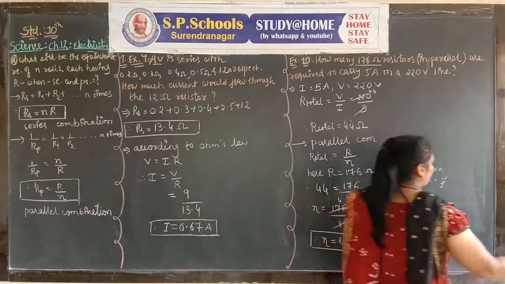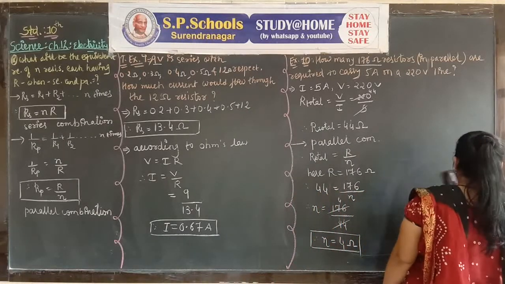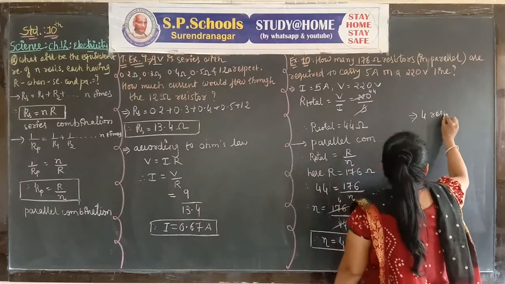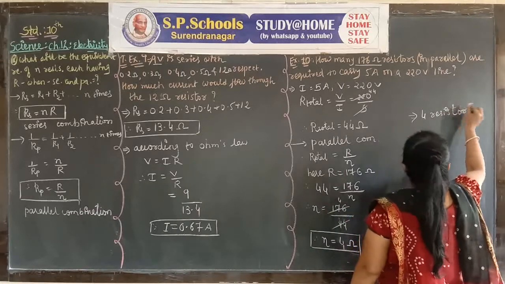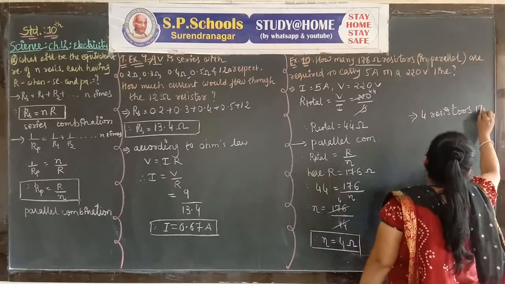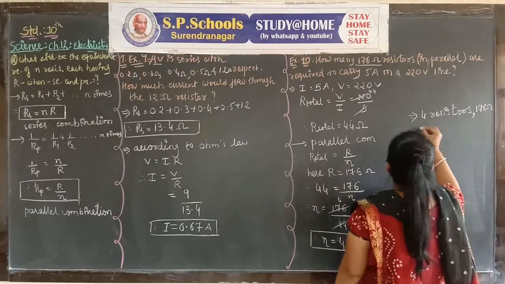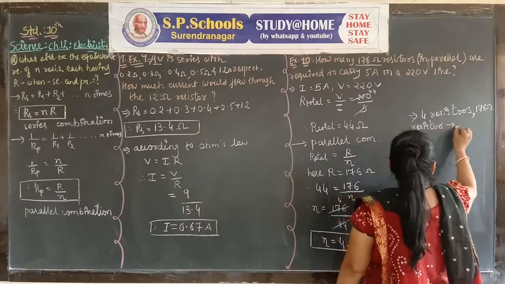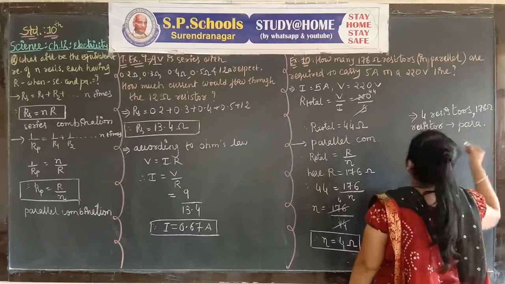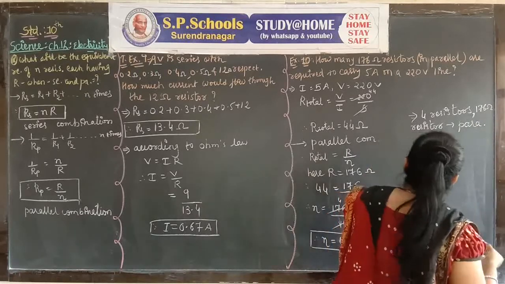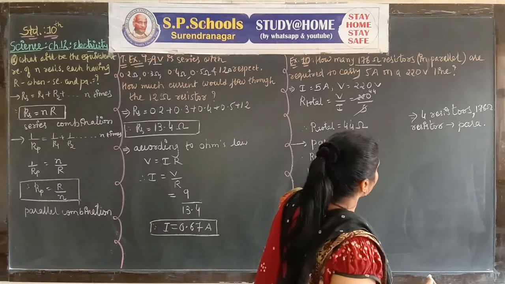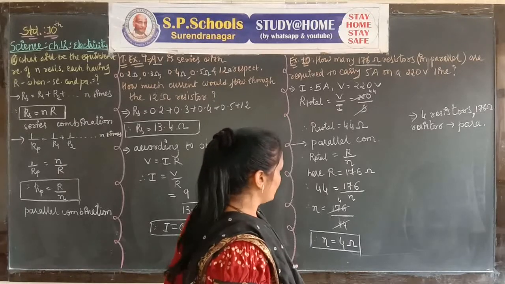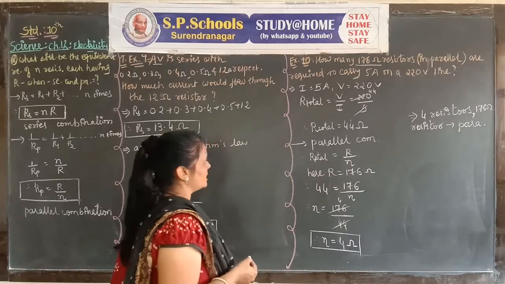So we conclude that for 176 ohm resistors connected in parallel combination, to carry 5 ampere on a 220 volt line, how many resistors are required? 4 resistors can be required.